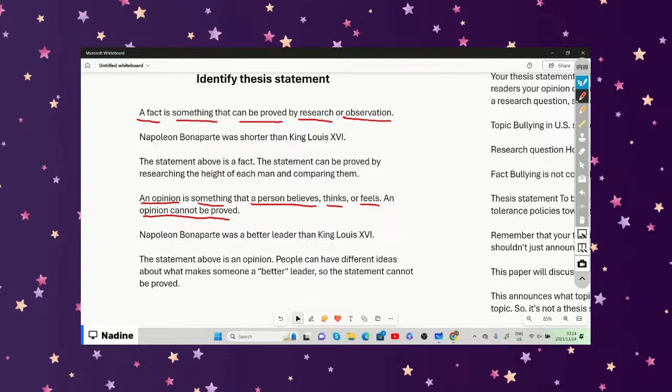So, just to go over it again, we say that a fact is something that can be proven by research and observation, right? Whereas an opinion is something that a person believes, something that a person thinks or feels.